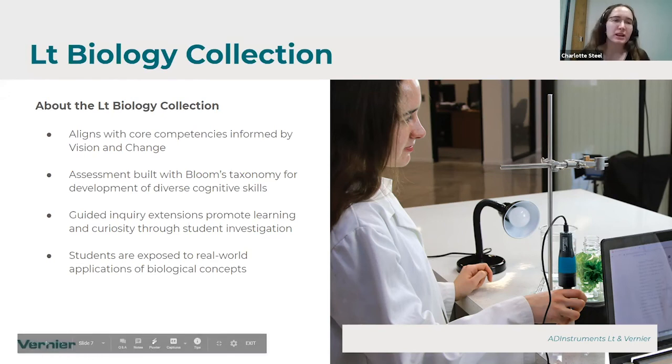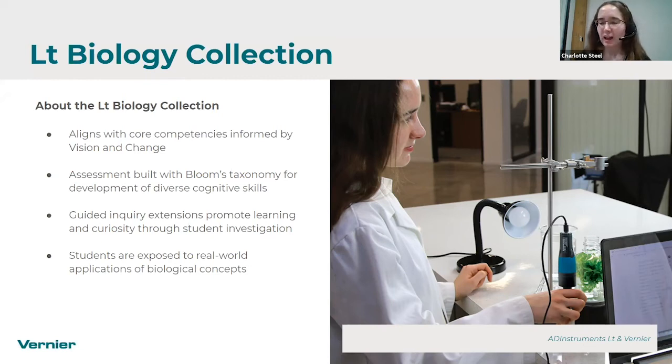When we began working on the collection, we pretty rapidly identified a report by the American Association for the Advancement of Science. In 2011, they released a report called Vision and Change, a Call to Action. This essentially assessed the state of biology undergraduate education and found that the curriculum could be very heavily fact-based and that it was lacking in opportunities for students to be exposed to real-world science.